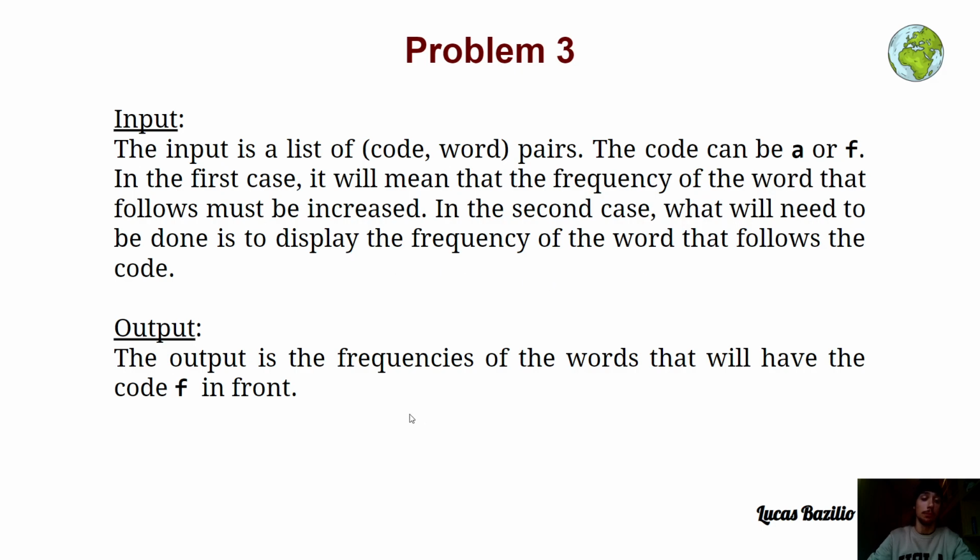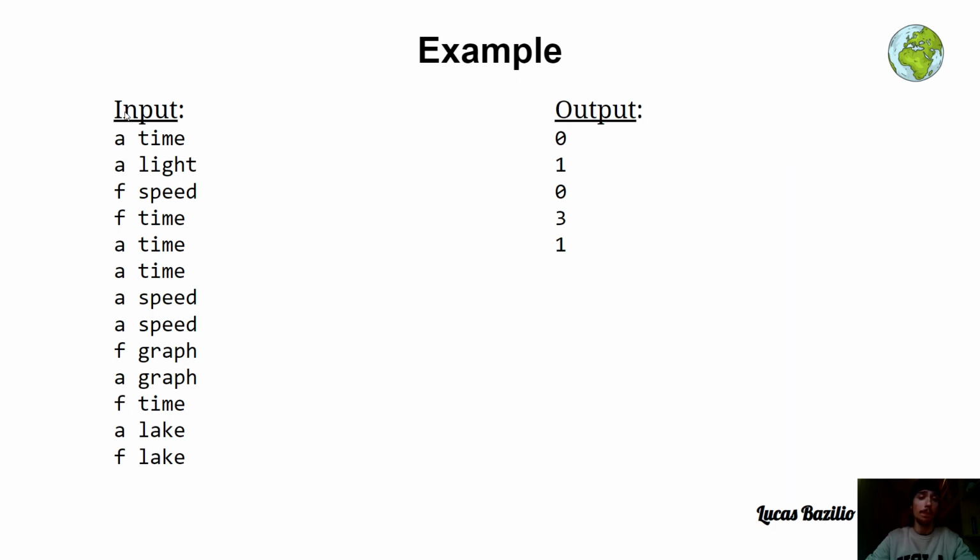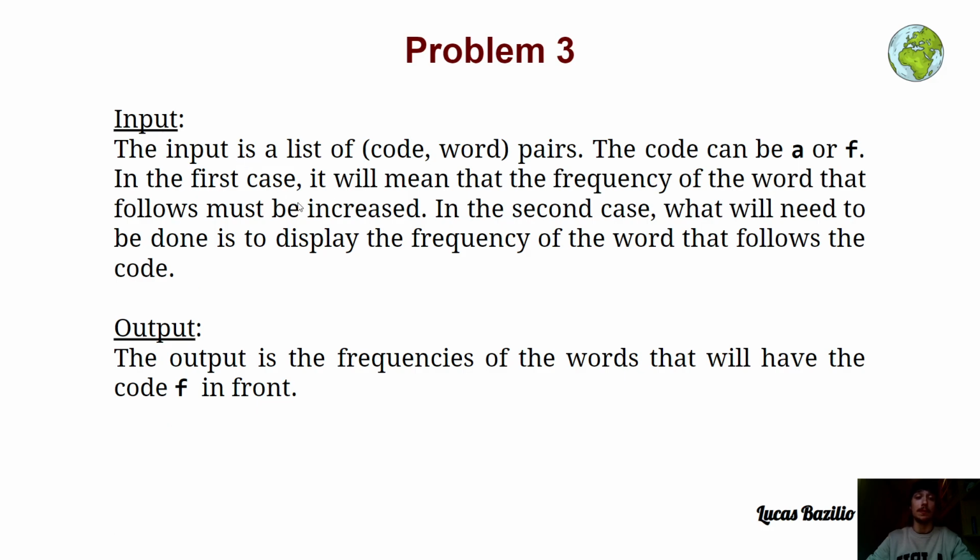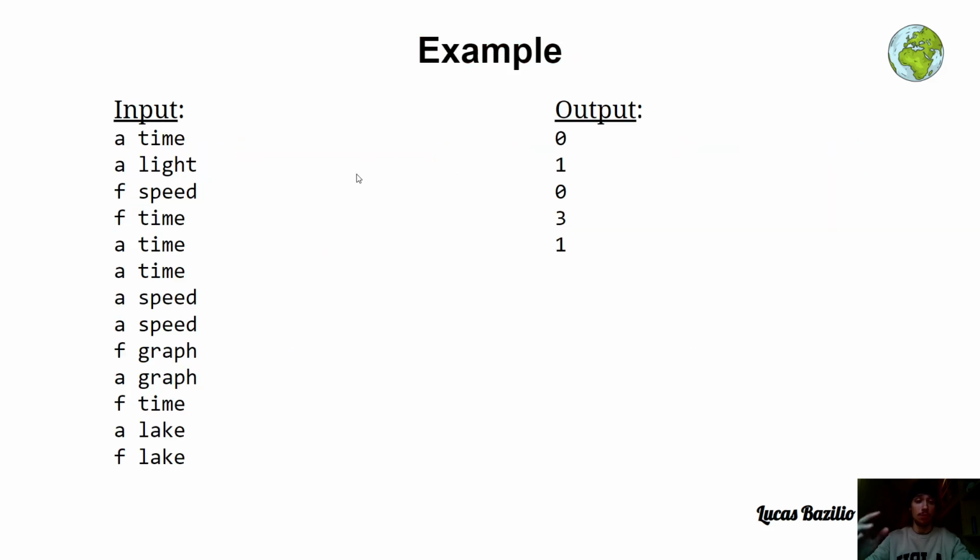So what is the output? Well, the output is the frequencies of the words that have the code F in front. Let's see one example. We have this input. As we can see, this is a list of pairs, code and word. So here, for instance, we start with the word time. The code of this word is A, so we need to increment the frequency of time, and we just do that.